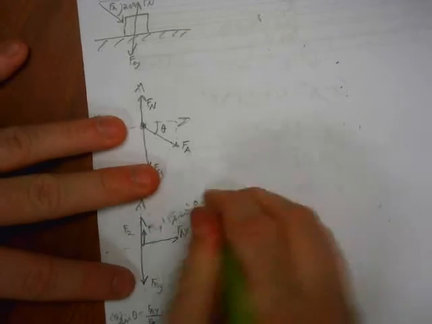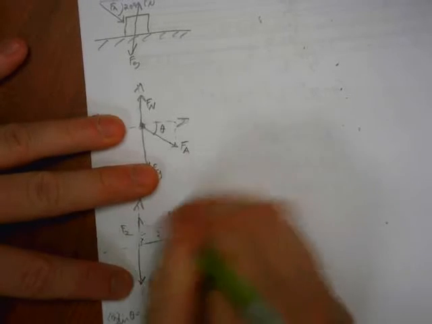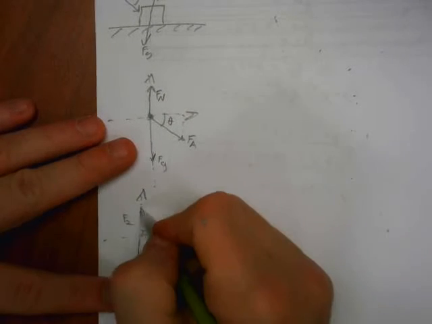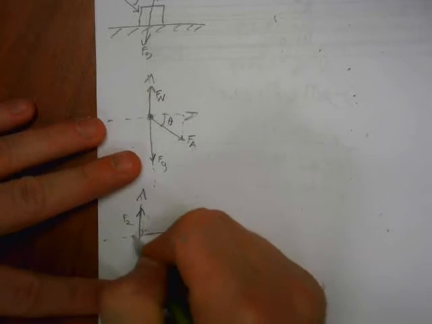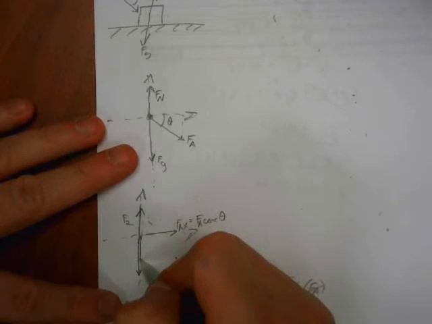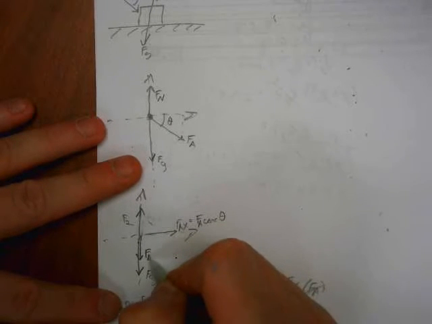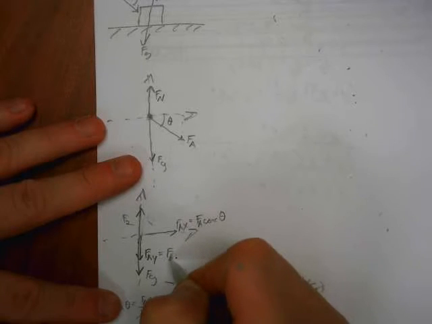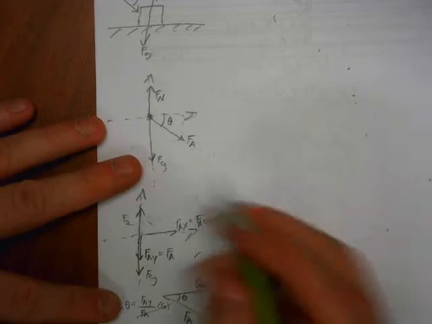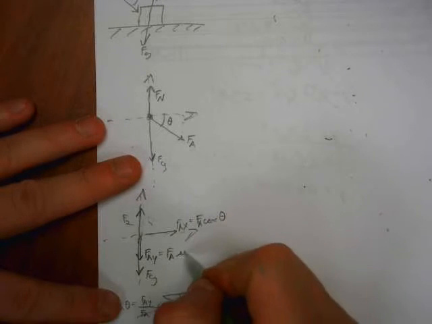Sorry. Oops. That didn't make any sense whatsoever. This is FAY equals FA sine of theta.